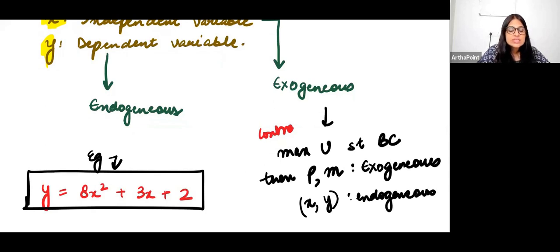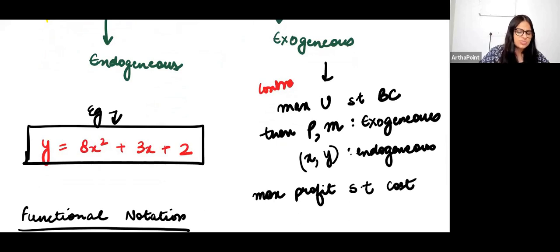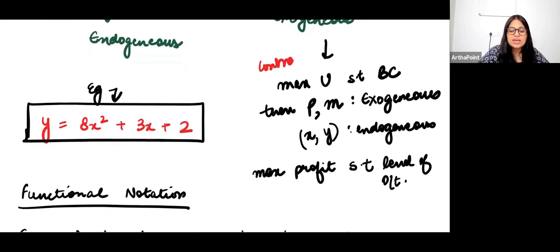Right? Similarly, if I say maximizing profit, let's say subject to cost or subject to the level of output, again, you can go ahead and define exogenous and endogenous.